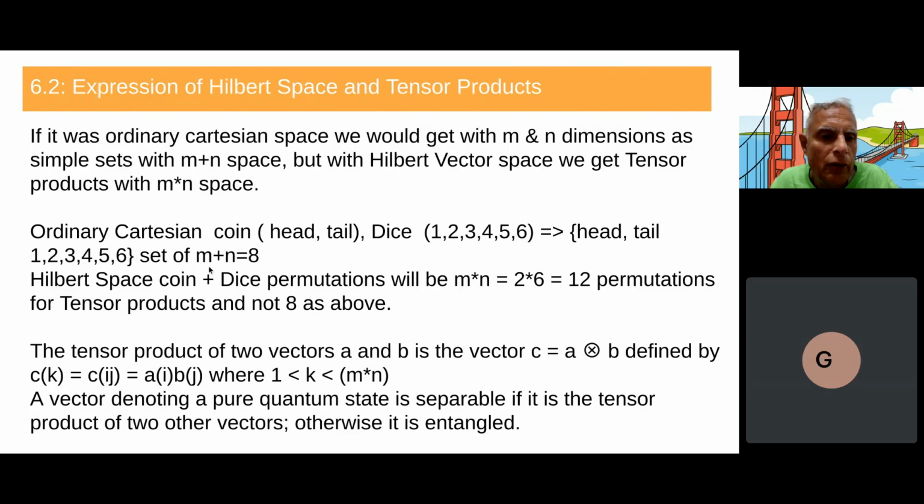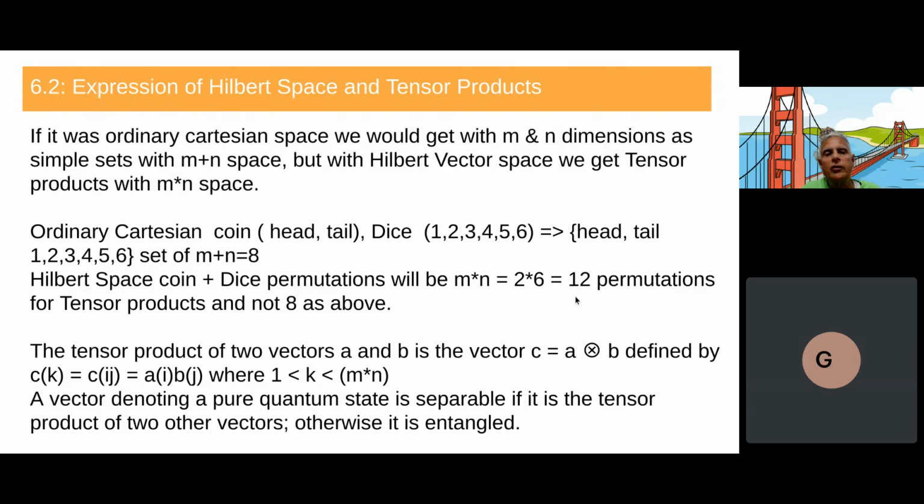The set is m plus n, which equals 8. The same thing, if we say that I am going to use a Hilbert space for coin and dice permutation, then it will be m into n, that means 2 into 6, that means 12 permutations are available. So the tensor product is not limited to the Cartesian, which is only 8. In this case, the tensor product is not 8 but 12.